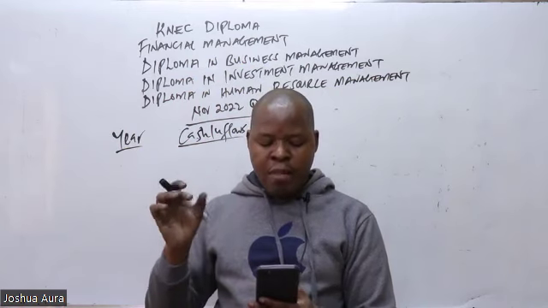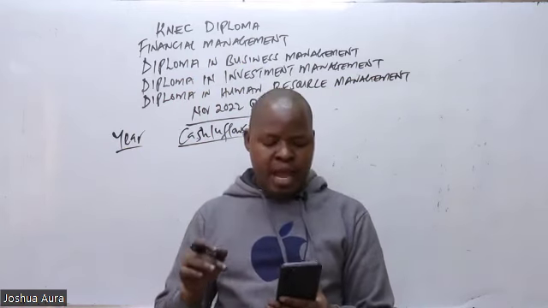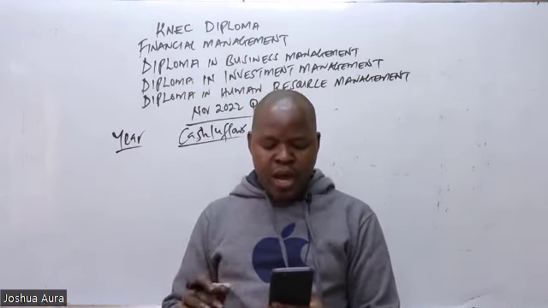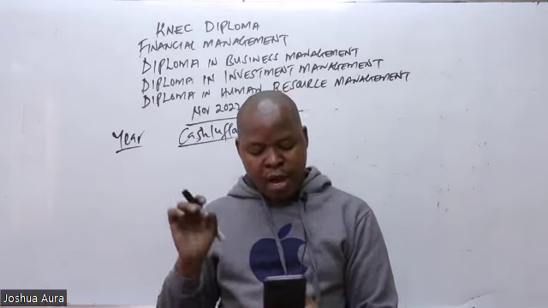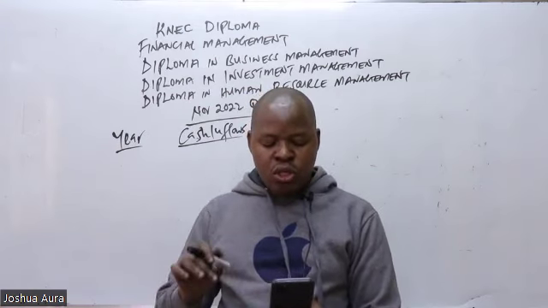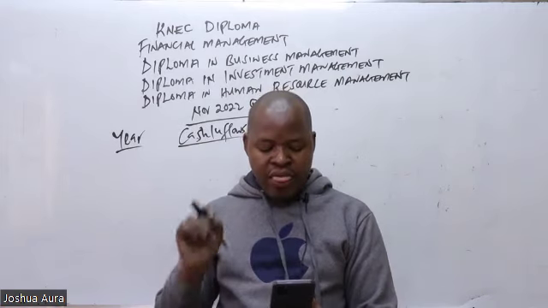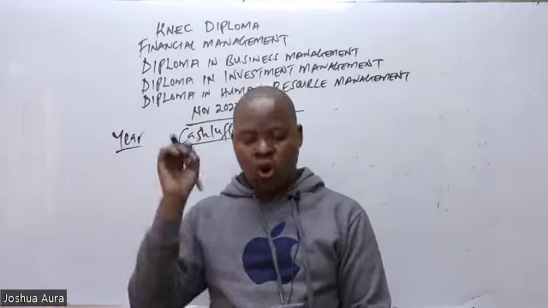Let me read the requirement here. Requirement Roman 1 is to calculate the discounted payback period. Roman 2 is to advise the management on whether to invest in the project or not.